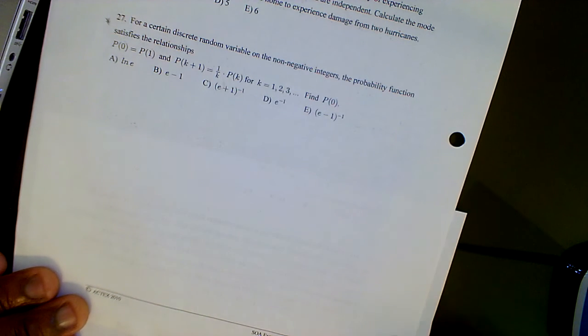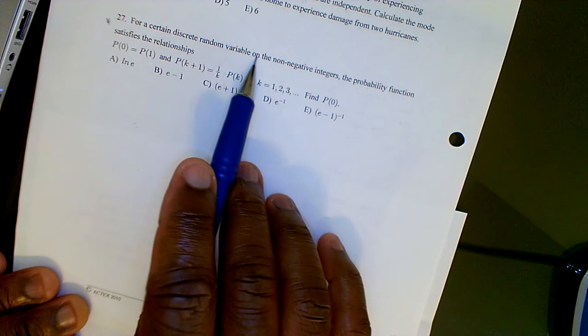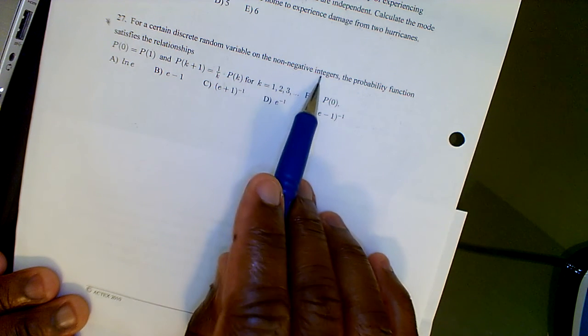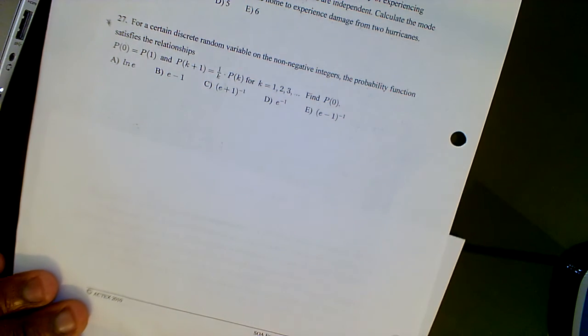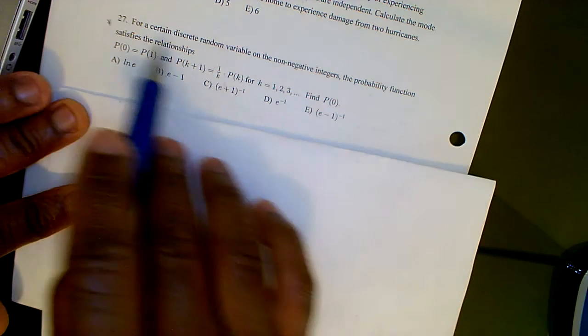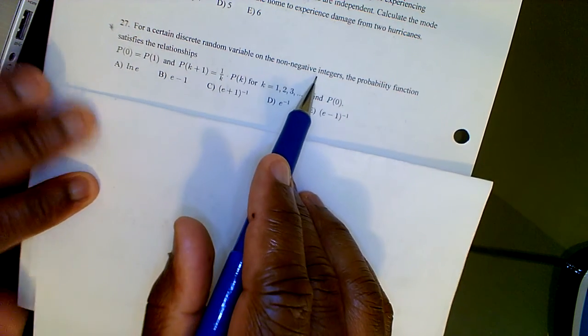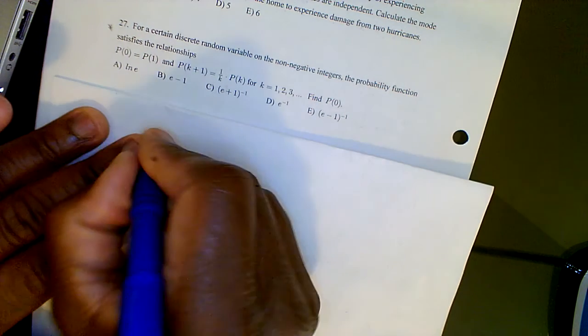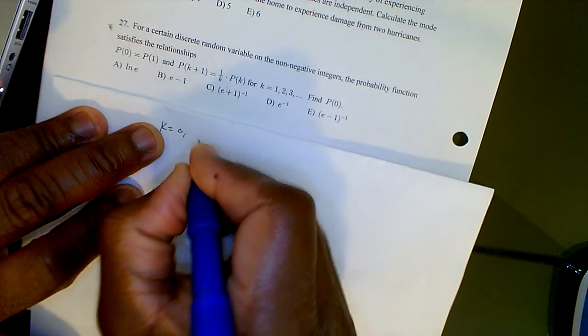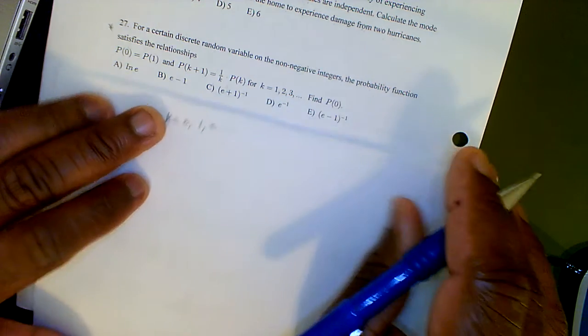So 27. For a certain discrete random variable on the non-negative integers, the probability function satisfies the following. Let me read it again. We already know it's non-negative, so it's going to be greater than 0.